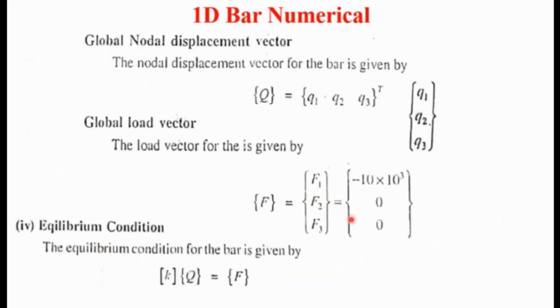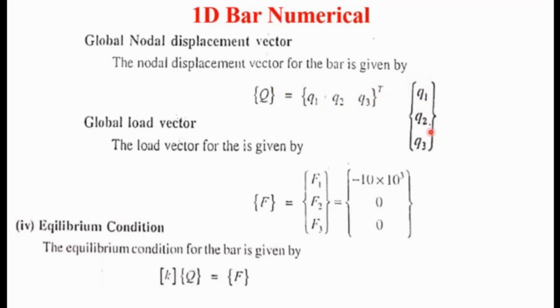So the nodal displacement vector Q is equal to [Q1 Q2 Q3] transpose, which we can write vertically as a column matrix.